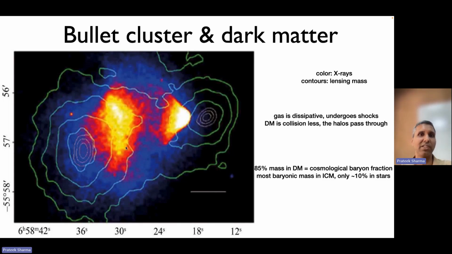This is showing something called the bullet cluster, and it's a collision between two clusters. So this is the direction of collision. These are the intracluster media of the two galaxy clusters. So imagine two galaxy clusters and they just run into each other.